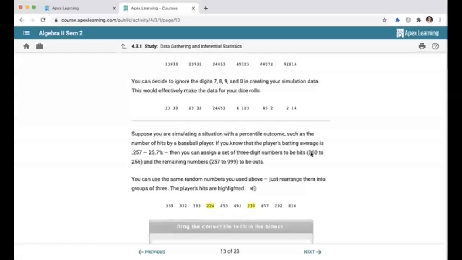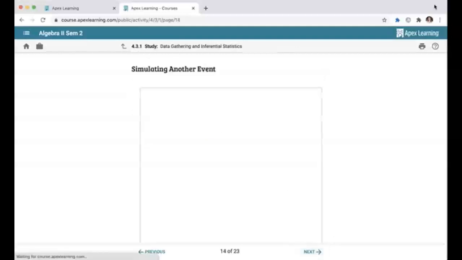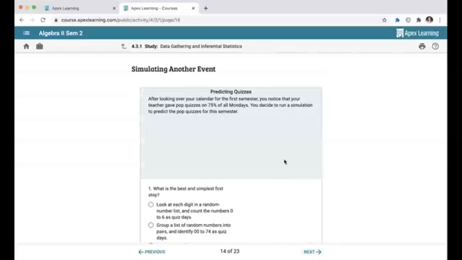So we could look at 000 to 256, and then 257 to 999 to be outs, assuming, of course, that our player's batting average is .257. If they had a higher batting percentage, we would make this range of hits higher. This can be really useful, and it's about knowing what you have, what you need, and what's at your disposal here.